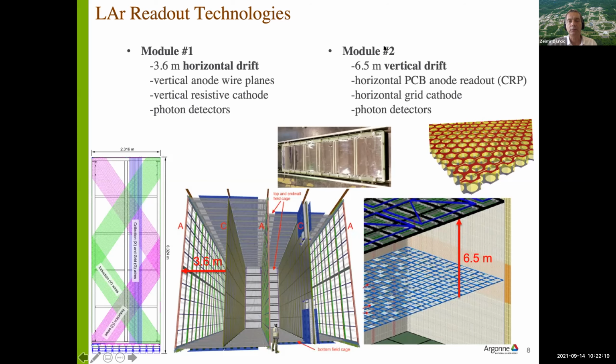And then module 2 will be called vertical drift, as the field is oriented that way. Instead of a wire-based anode, we'll actually have CRPs here to collect the charge. And also there will be arrays of X-ARAPUCA modules to read the light.